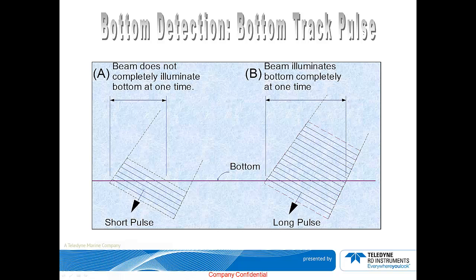But again, why do you need to insonify the bottom over the entire beam all at once? Well, by illuminating the bottom across the beam all at once, a long pulse produces a more accurate and stable estimate of velocity, more accurate than is typically obtained from water profiles.